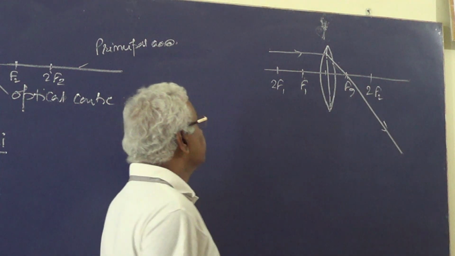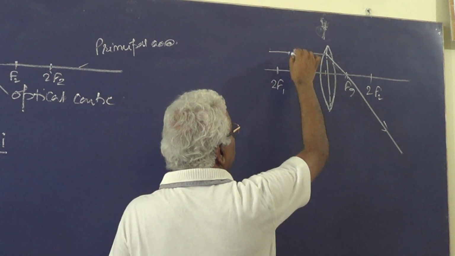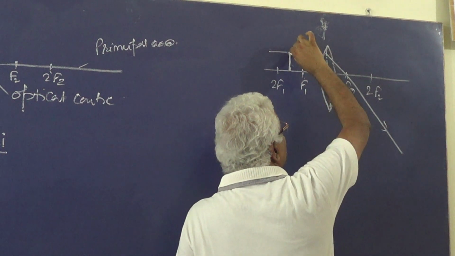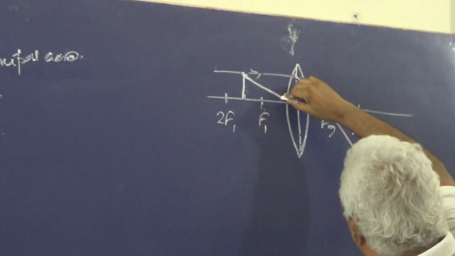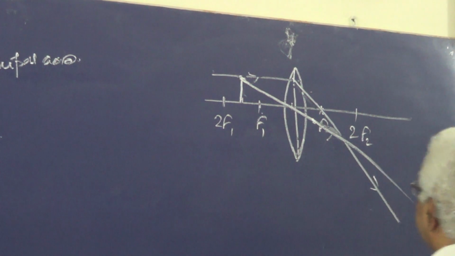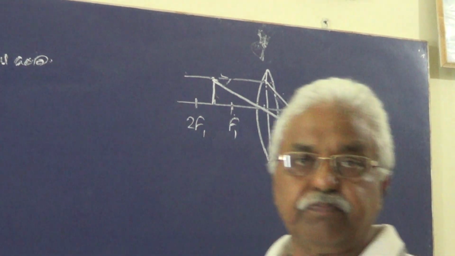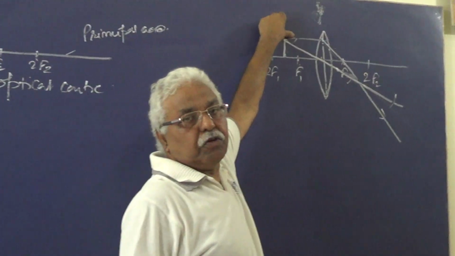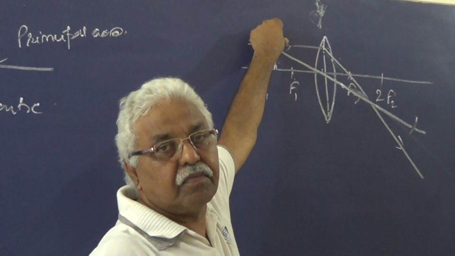Second, another ray will pass through the optical center undeflected. So first, the ray parallel to the principal axis, after refraction, will pass through the focus.